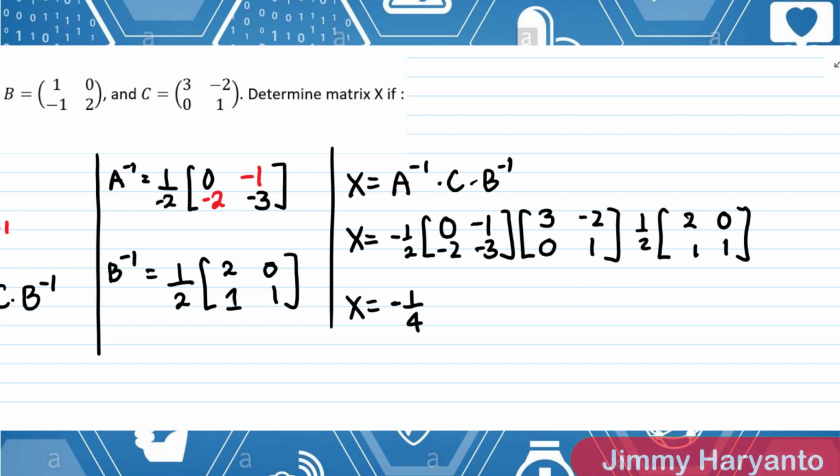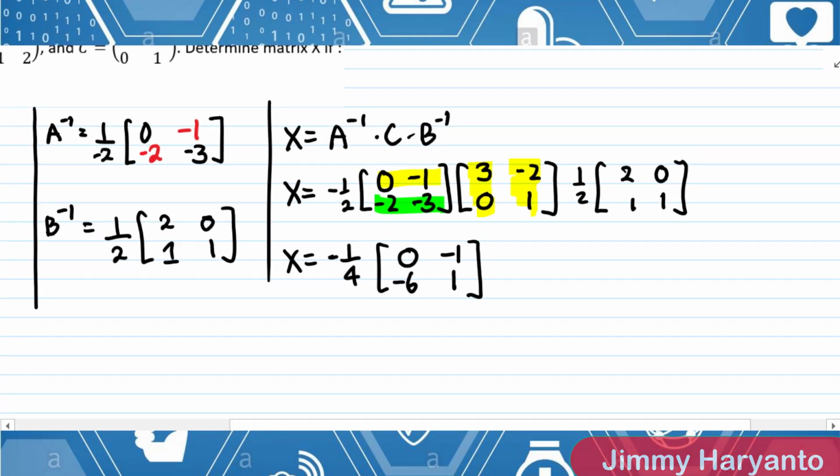And then for the matrix, I want to multiply this one first. So I will get 0 and 0. And then for this one is 0 and negative 1. And then for this one is negative 6 and 0. And the last one is 4 and negative 3, equals 1. There you go. After that, it will leave us 2, 0, 1, 1.